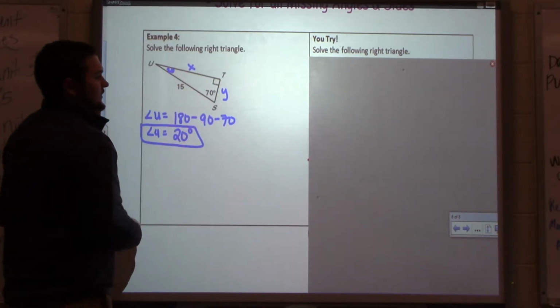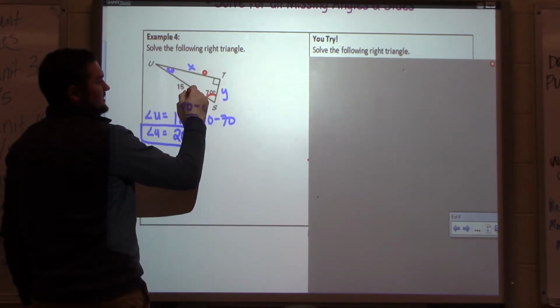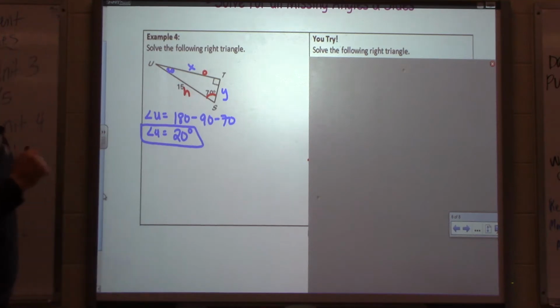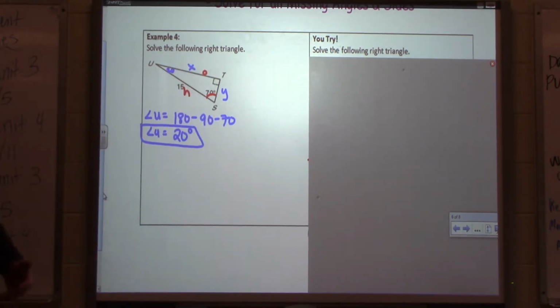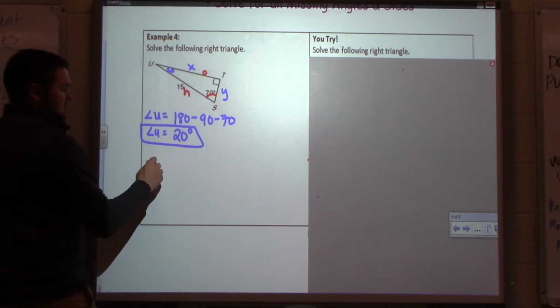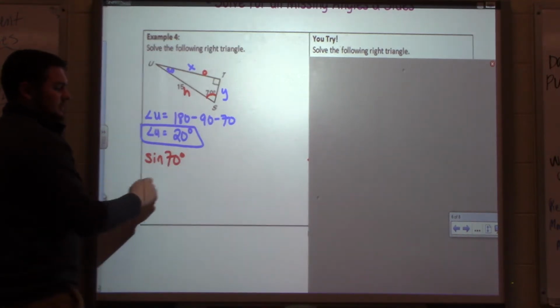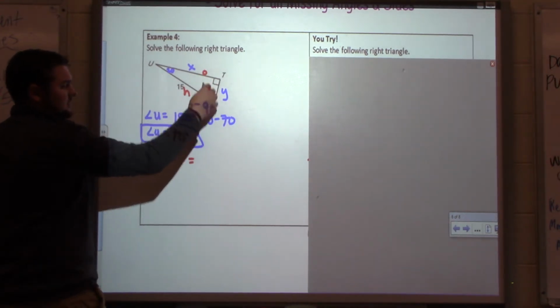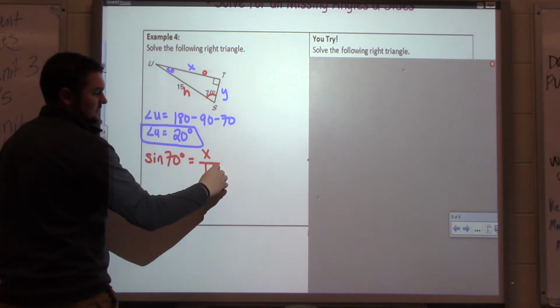70. So if I'm using angle 70, this is the opposite side. This is the hypotenuse. I'm looking for the opposite. I know the hypotenuse, which means I should do what? Trig function. The sine, right? So sine of 70 degrees equals the opposite, which is x, over the hypotenuse, which is 15.